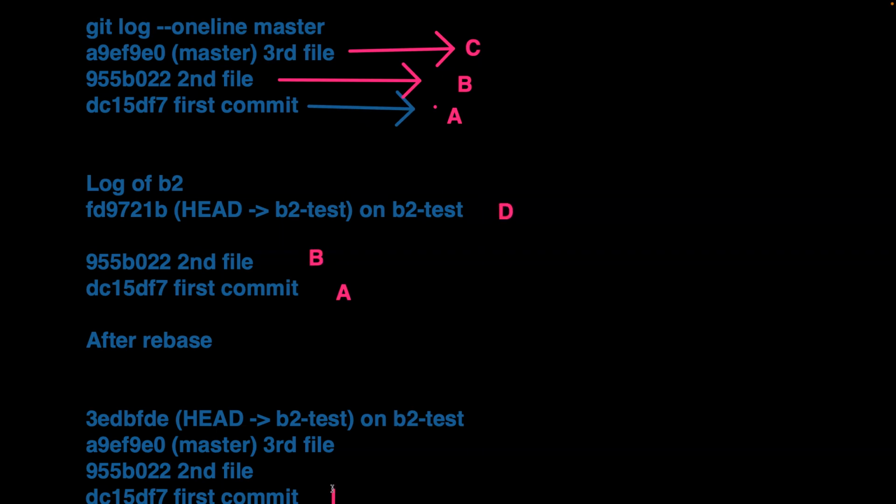So after rebase, what happened? A, B, C, and then D. That's how this is after rebase, log of B2. Initially ABC means parent commits, then the child commits. Got it clear now? Everyone understood?